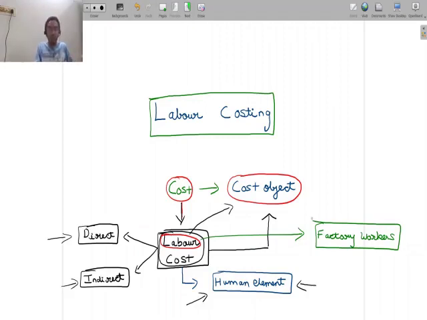Now, there are so many people who do different types of work for a company, and all of that work is important for the company to run. But are we talking about all of these people doing their work and the cost incurred to make them work? No, we are mainly talking only about factory workers. Whenever the word labor is used, or for that matter, the word wages is used, you immediately associate that with a factory kind of setup.